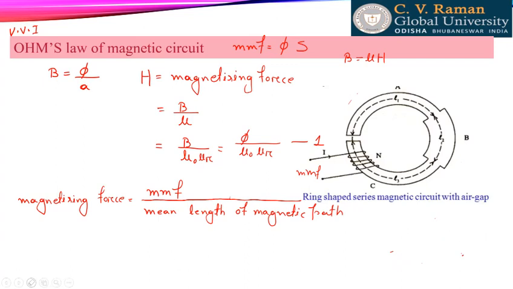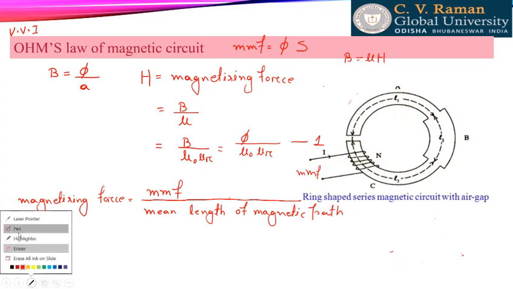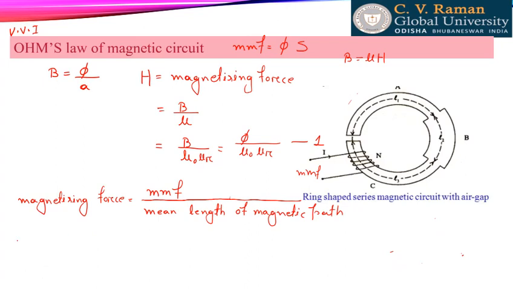So what will be the equation then? If this is MMF, the magnetizing force H is equal to Ni divided by the mean length. Let me take L. This is your equation 2. Here we have one equation, and here we have another equation. Now we can equate these two H. So what will we get?